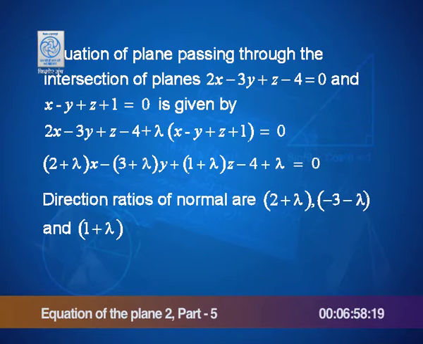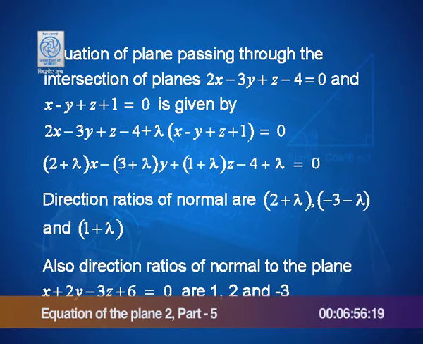Now, I have another plane given to us, that is x plus 2y minus 3z plus 6 equal to 0 with direction ratios 1, 2 and minus 3, which is perpendicular to the plane passing through the intersection, and therefore, the condition n1 dot n2 equal to 0 is applicable.